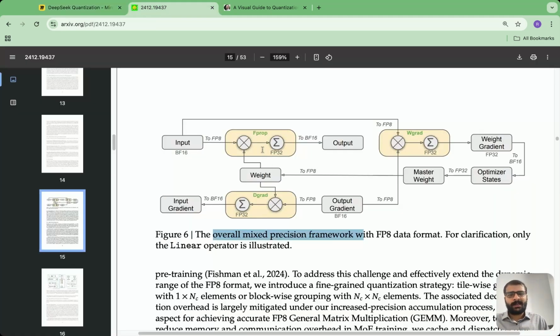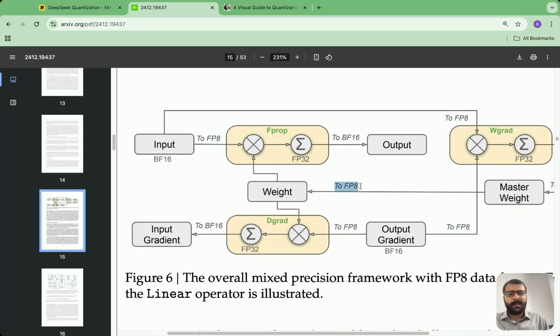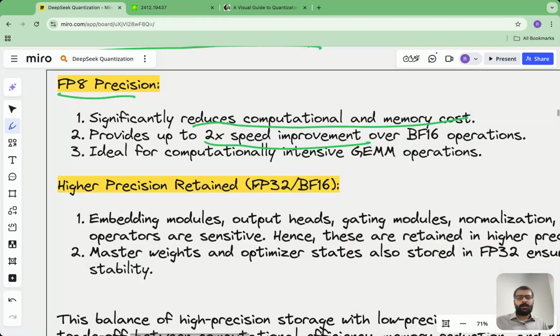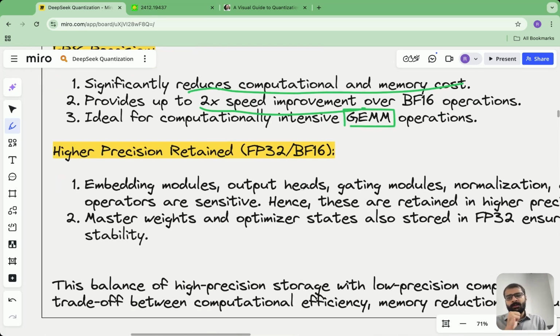There are several variables converted to floating point 8 on the fly for calculations during the forward pass as well as the backward pass. This speeds up the computations by a lot. GEMM means general matrix multiplication operations. They involve a lot of multiplications like this. So using floating point 8 significantly speeds up my computations and reduces my memory cost.